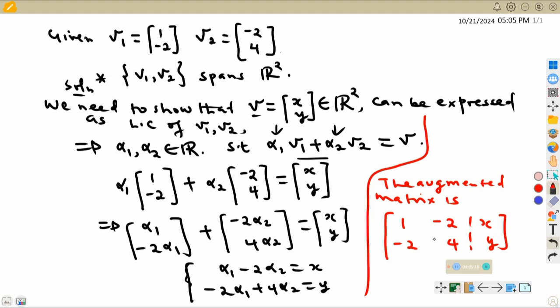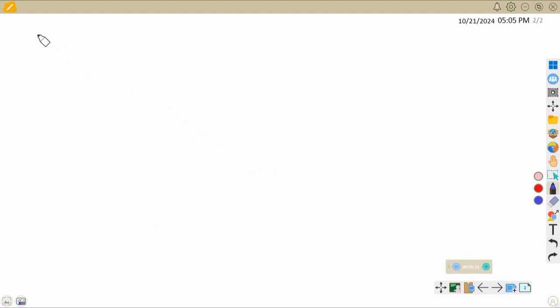So we need to use row operations and see whether this system has got a solution or not. Applying row operations, let us rewrite our matrix. Our matrix is 1, -2, -2 and 4, then x and y.